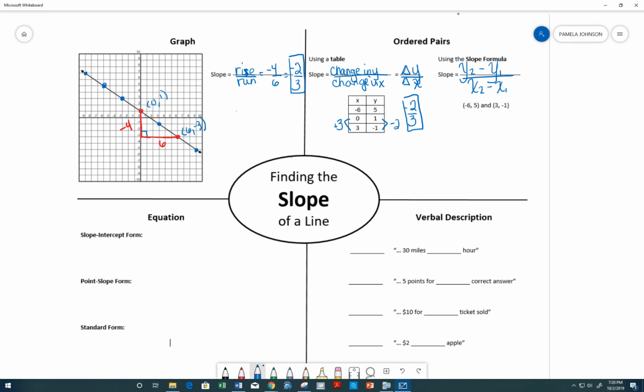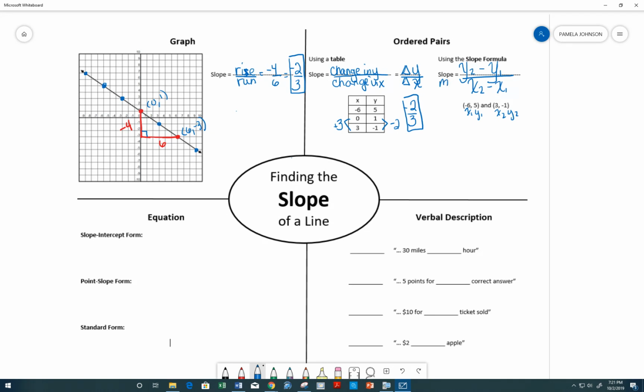So just to make it easy for ourselves, we want to label our points. So we're going to label this one as x1, y1, x2, y2. So then when we go to put it in our formula, we know which ones we're putting in where. Okay? So I'm going to start with -1. And slope, when you look at it in the formula, it will tell you that m equals y2 minus y1 over x2 minus x1.